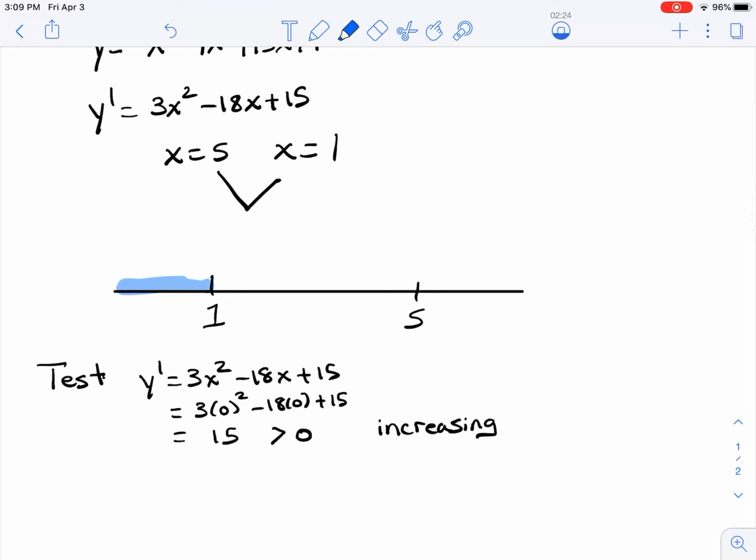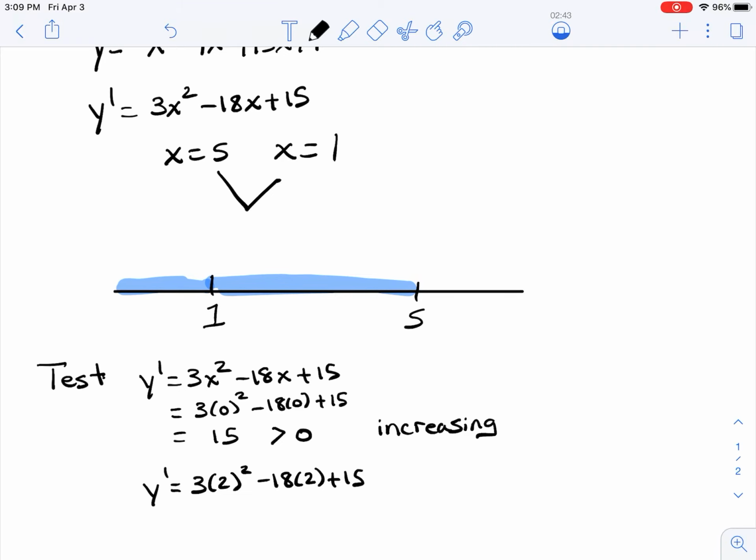Then I'm going to go back to my highlighter, and now I want to pick a number in between 1 and 5. Again, you can pick any number you want, but I'm going to pick the smallest one I can come up with, so I'm going to pick 2. It's not so much that you want to solve it.